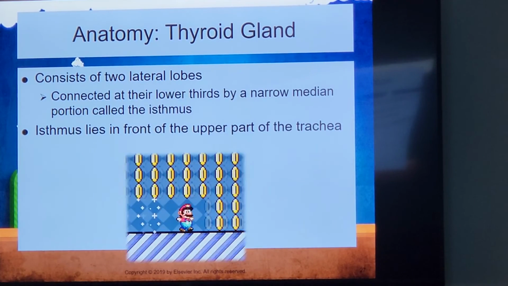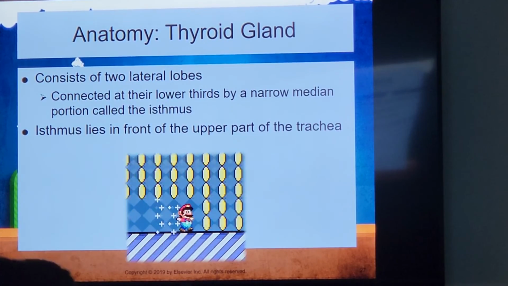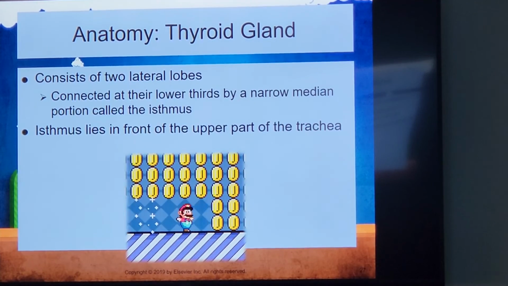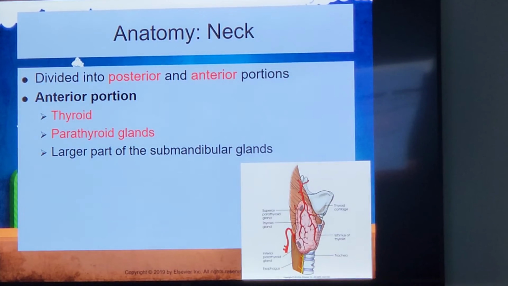So, your thyroid gland has two lateral lobes. Let me go back to this picture. There's your thyroid gland. It has two lateral lobes, one on this side, one on the other side. And in the middle, where they meet, this area right here is called the isthmus of the thyroid.